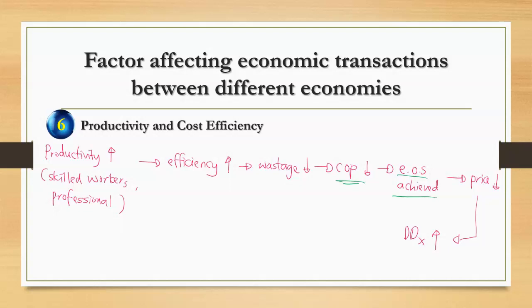That's how you achieve economies of scale. And you can achieve it if you have a higher level of productivity, if you apply mass production methods. Okay, so if you can achieve economies of scale, your price level will be lower, and therefore the demand for your exports will be higher, and it will result in higher export revenue.